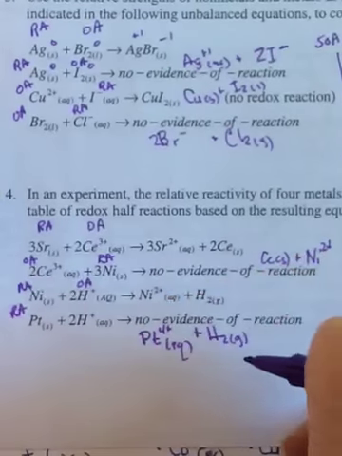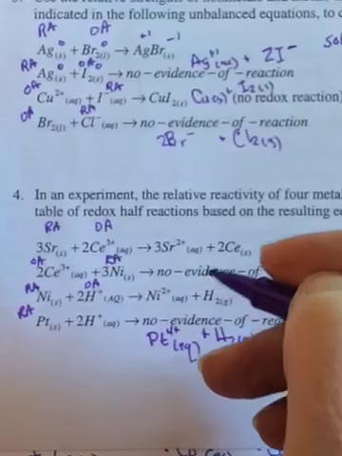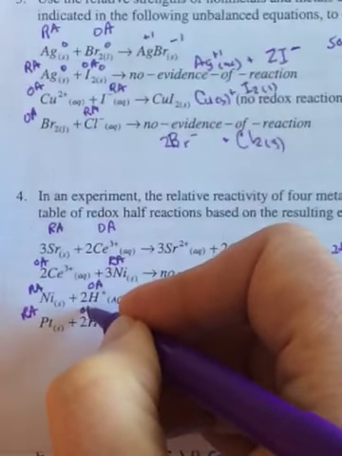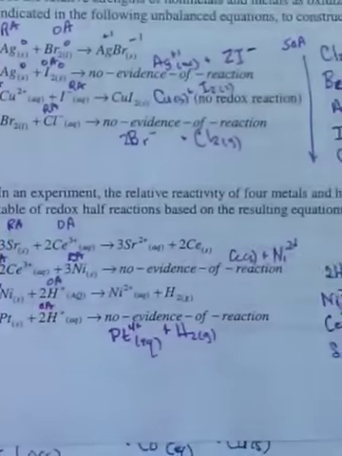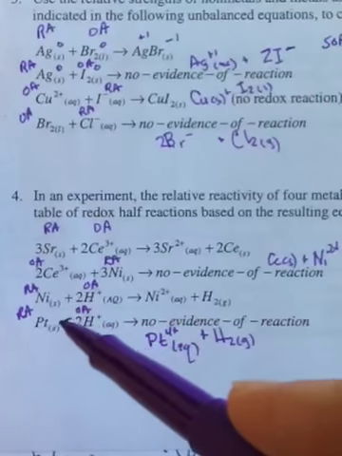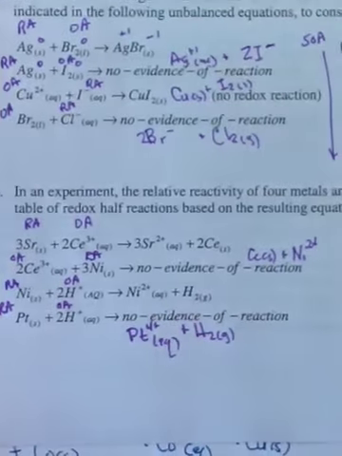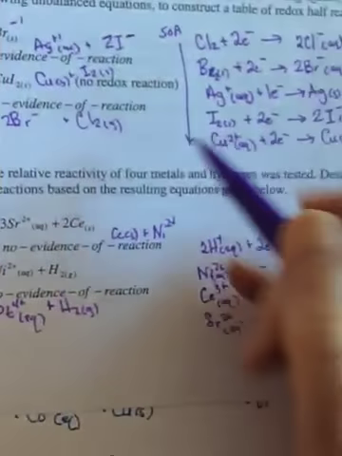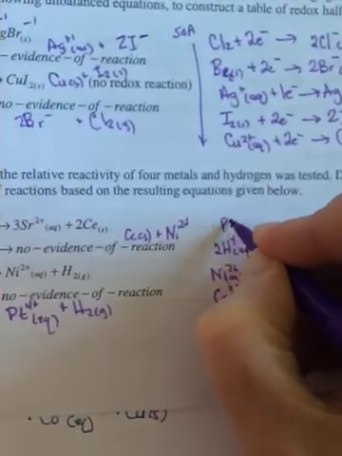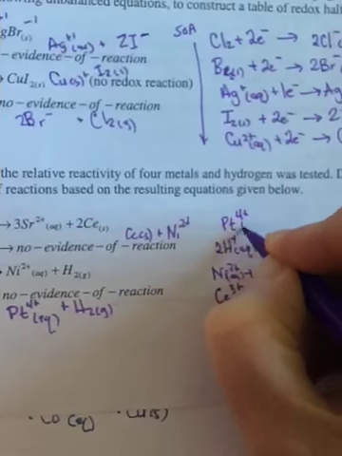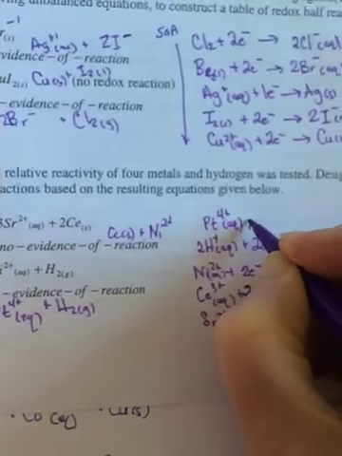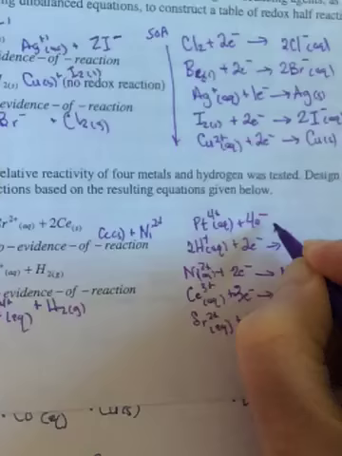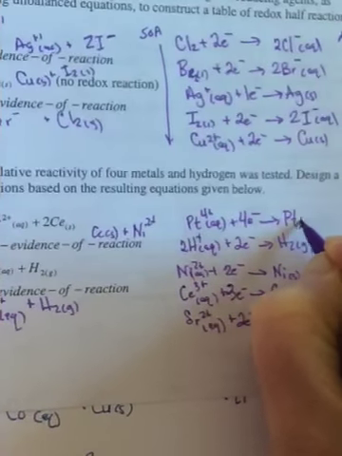Whereas hydrogen is gaining electrons, which means it's being reduced, which means it's the oxidizing agent. Again, it's non-spontaneous, so reducing goes above the oxidizing, so the Pt has to go on top here. So it would be Pt4+ aqueous plus 4 electrons going to Pt solid.